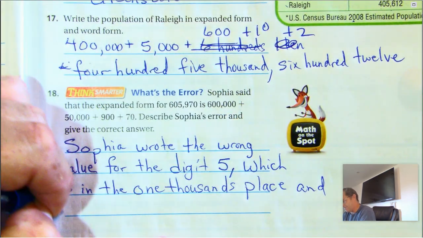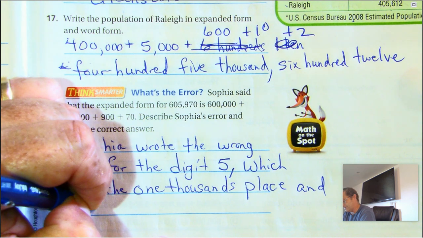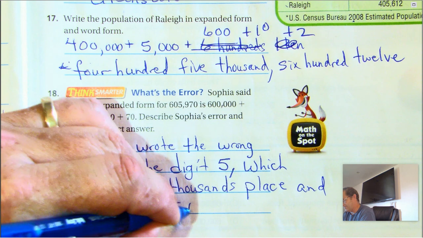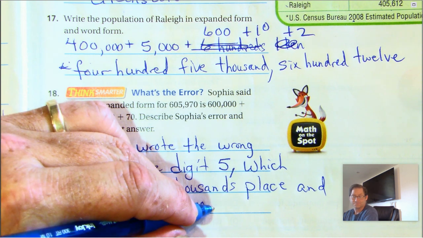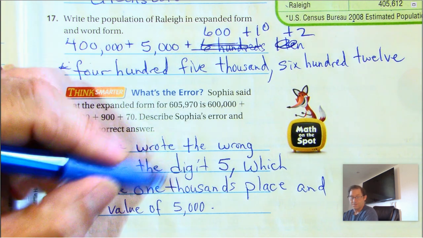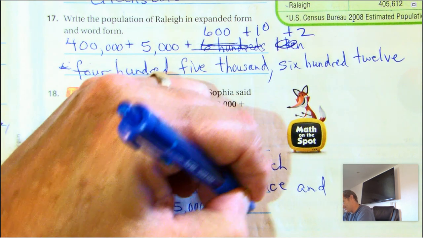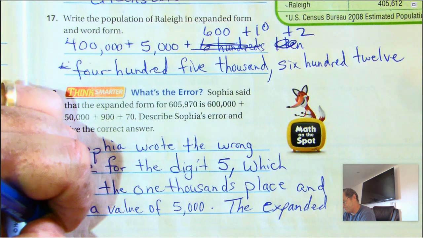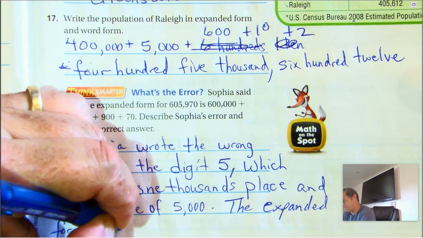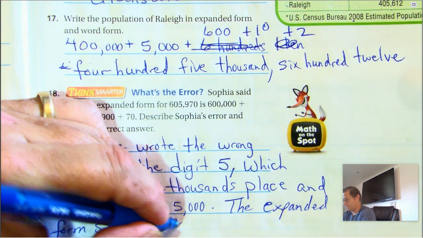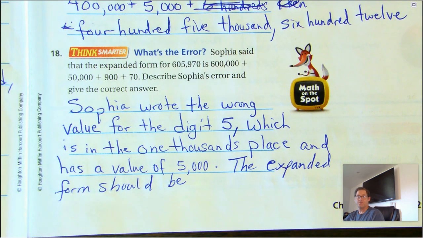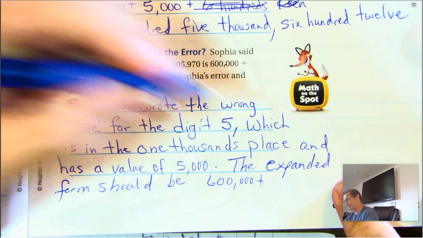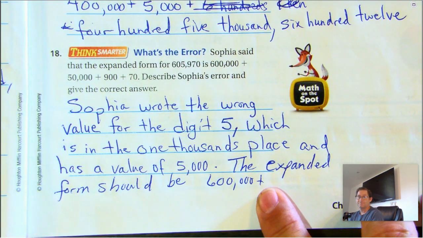And it has a value of 5,000, not 50,000. So the expanded form should be 600,000, no tens, that's 0.